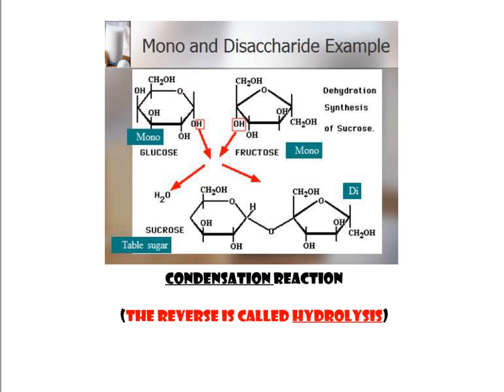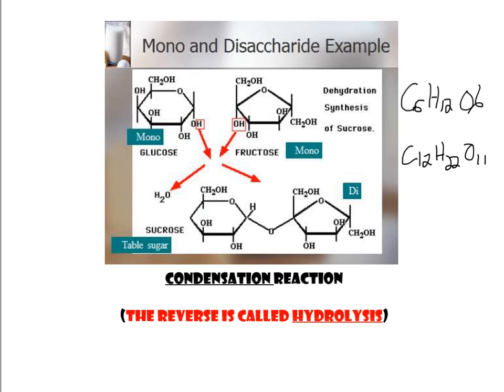And you'll notice before, when we talked about our monosaccharide, it had a molecular formula of C6H12O6, and then the disaccharide was C12H22O11. And if you look at these, you'll notice that this disaccharide here has just lost this water. And so that's the difference between these two.